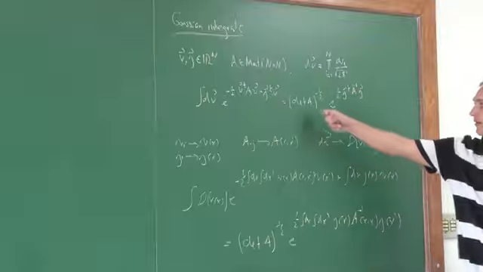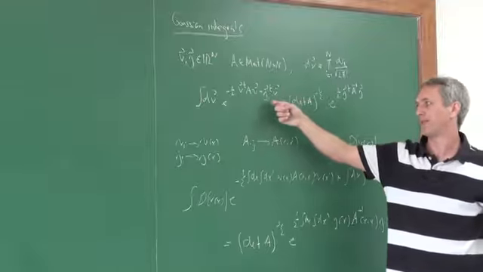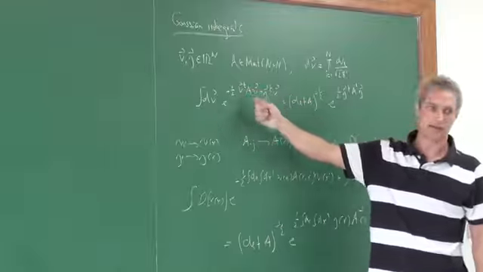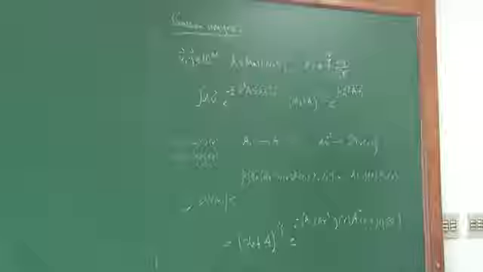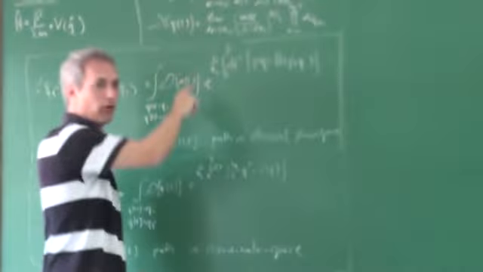You can just prove this formula by using the one-dimensional Gaussian integrals, using that this is a symmetric matrix and diagonalizing it. However, if you look at these integrals, they are not exactly of this form.